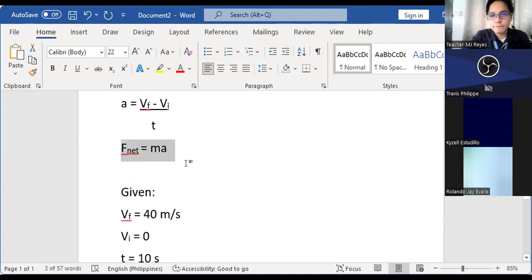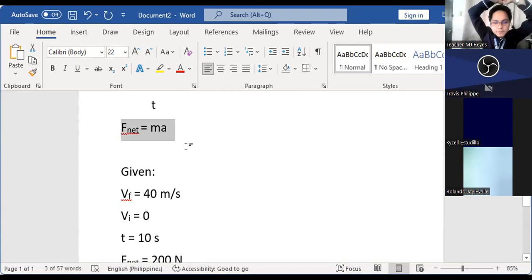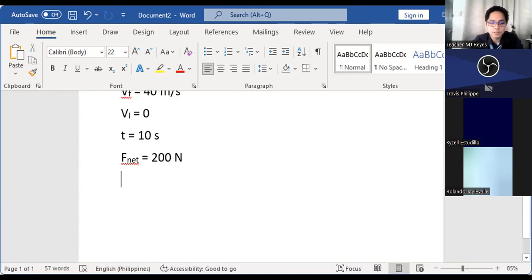We need to derive a formula in order to get the value of mass. How can we derive a formula out of this? We need to derive a formula out of this base formula.